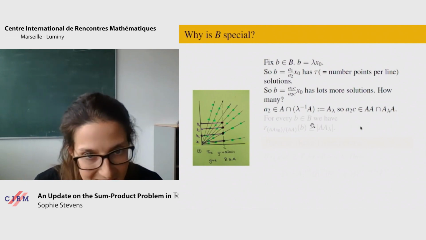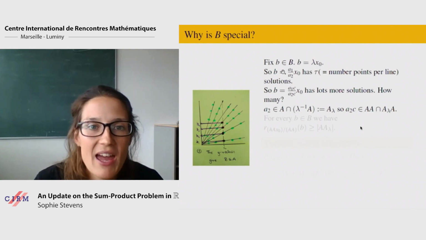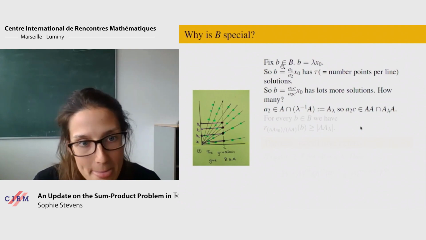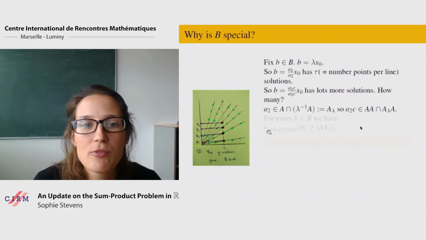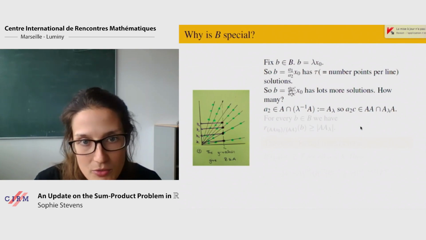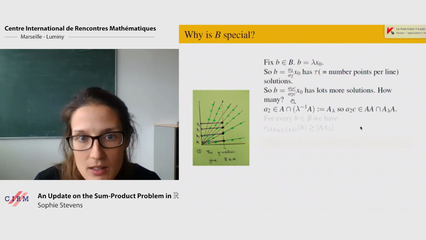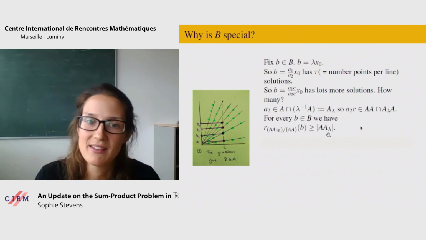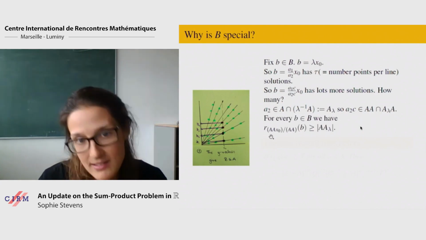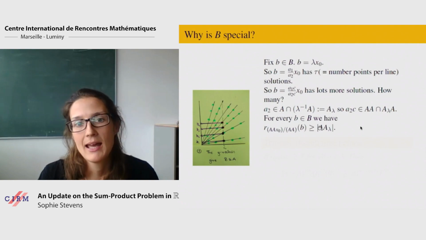So what data does this give us? This argument shows us that for every b that we started with, so every element b of our subset, we can write b as an element of this numerator over this denominator in at least |A times A lambda| ways. So this is the data that we have.